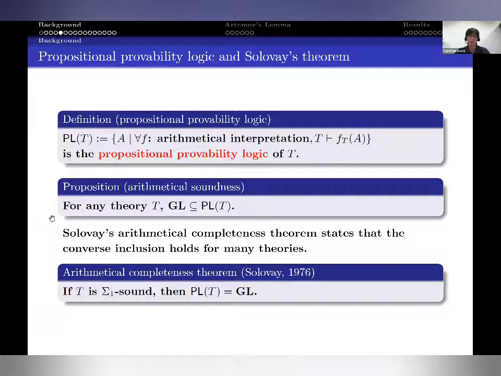That is, Solovay proved that if T is sigma 1 sound, then the propositional probability logic of T is exactly GL.